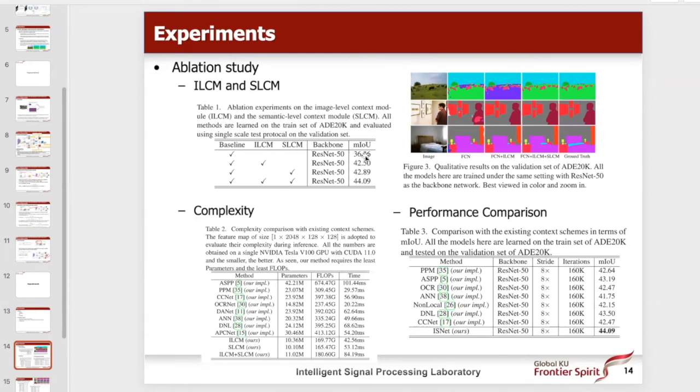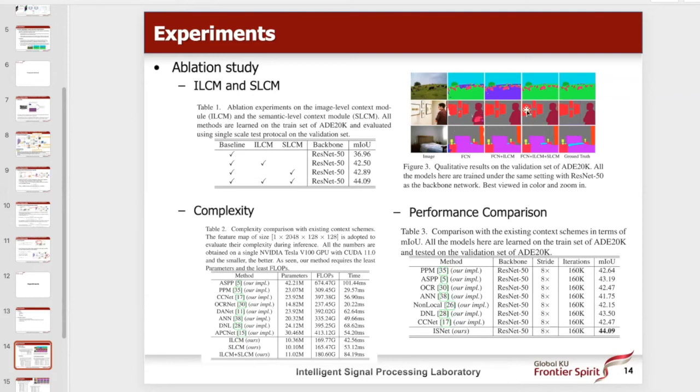So the image level contextual information is very important. In the third row, when we adopt just the semantic level module, there is also good performance. Finally, when we adopt both modules, we get the best results. The result indicates that the image level context module and the semantic level context module complement and promote each other.